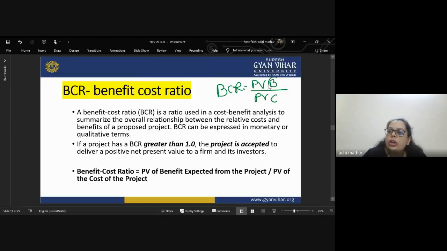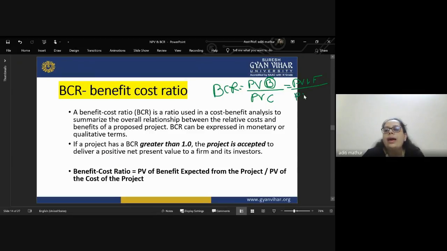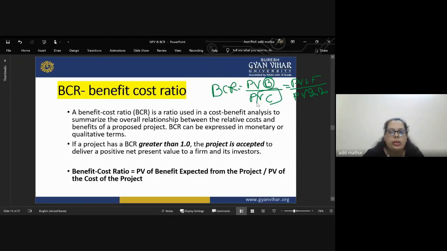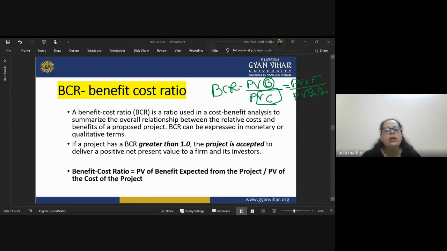Now, what do you mean by the benefits? Cash inflows. So what you are doing is present value of all cash inflows divided by present value of initial investment or cost. Because cost means what? The initial investment which you are making in the business. So that is only the cost, right?